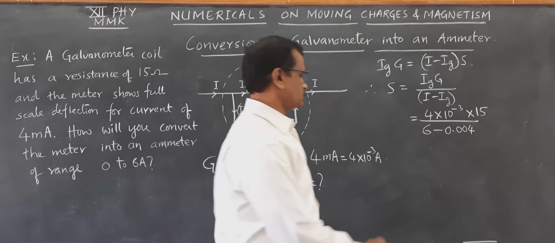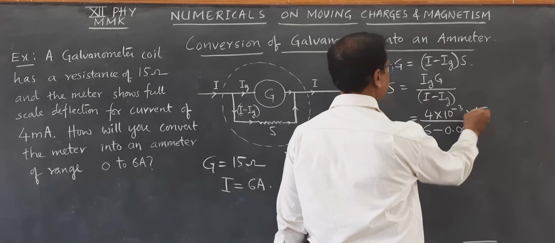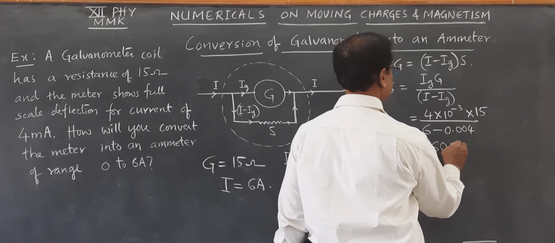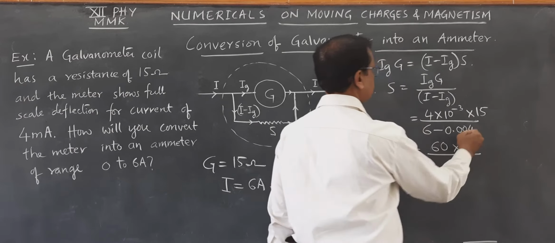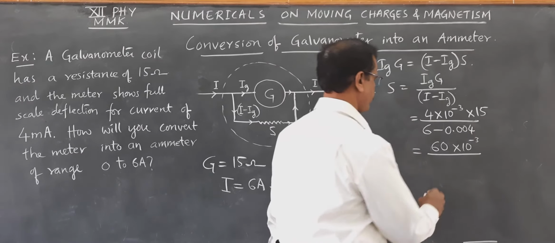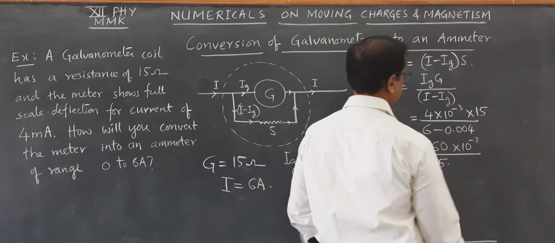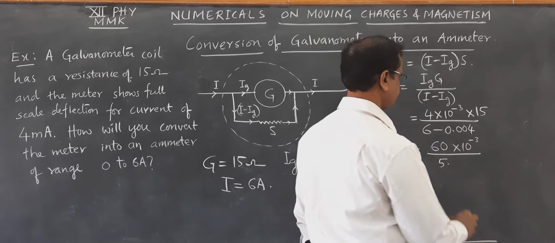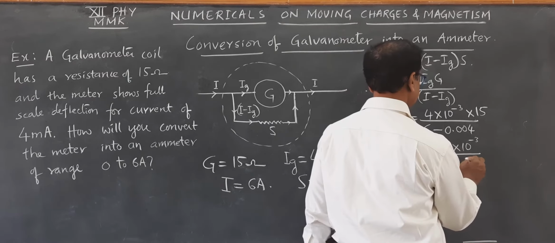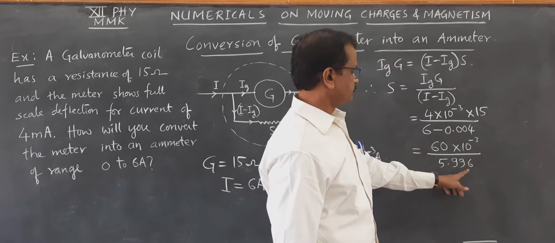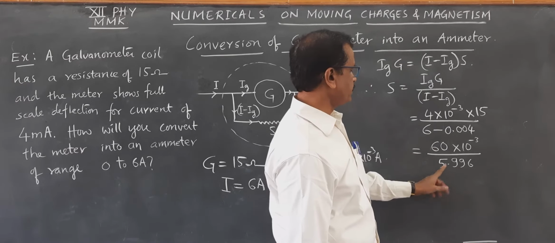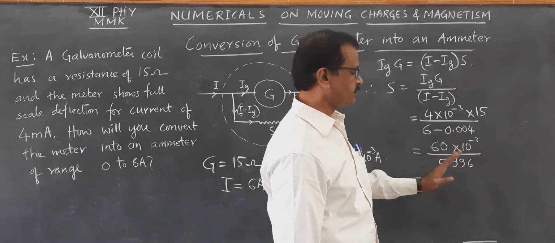Right? So in the numerator, you can see it is 60 into 10 raised to minus 3, divided by 5.996. 6 minus this one, 5.996.